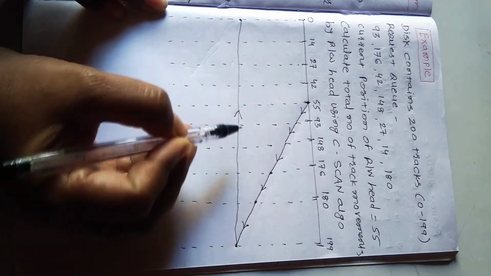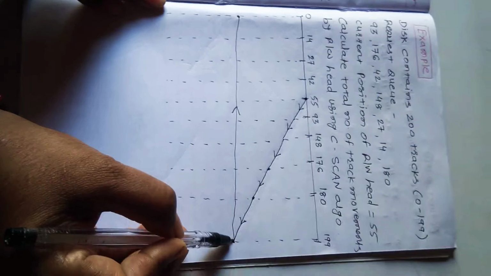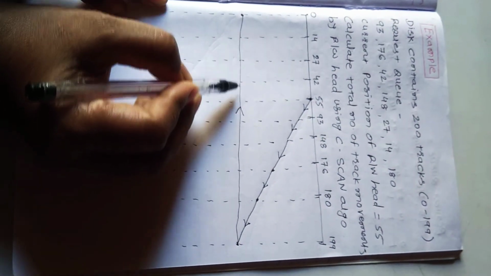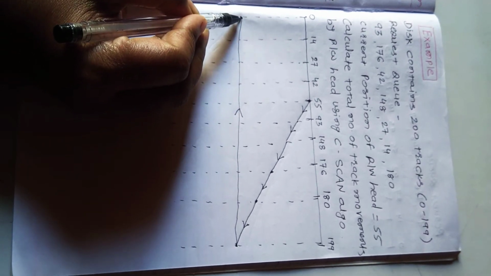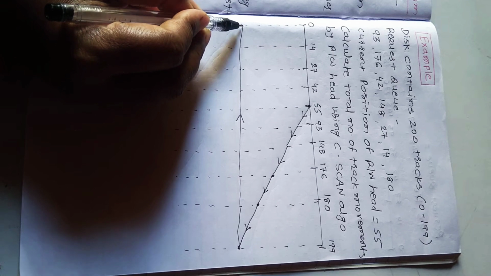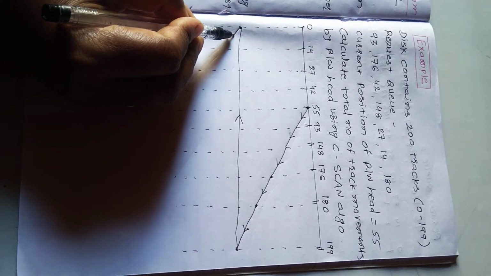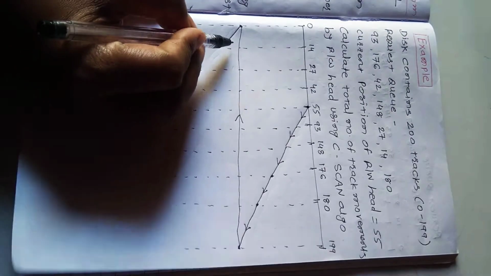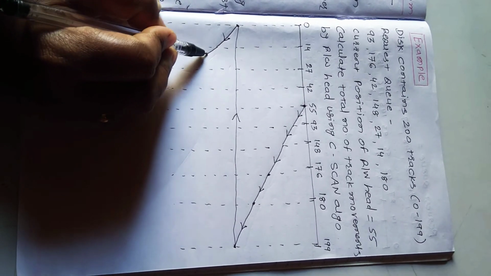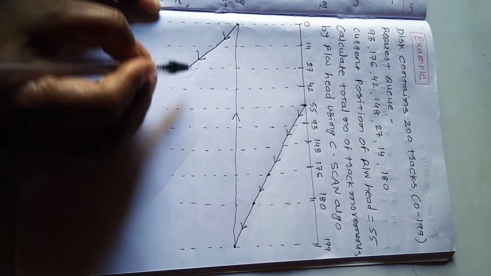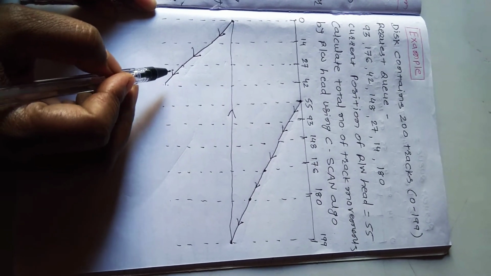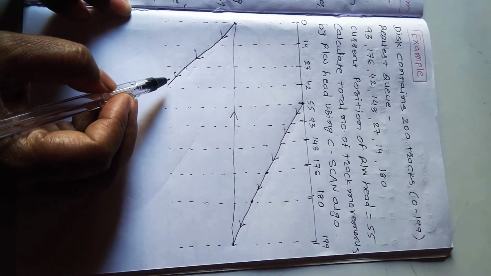So it will move from 199 to 0, but those requests will not be serviced. Once it reaches the other end, that is 0, it will again service requests, firstly 14, after that 27, and finally 42. In this way you have to solve the problem.